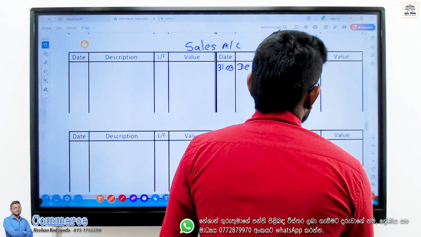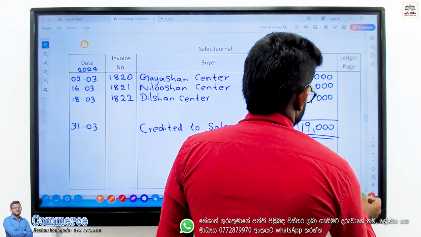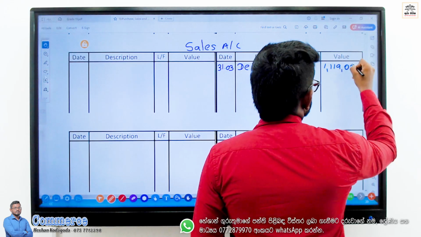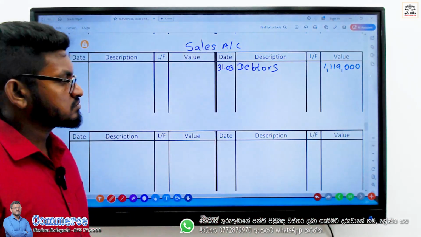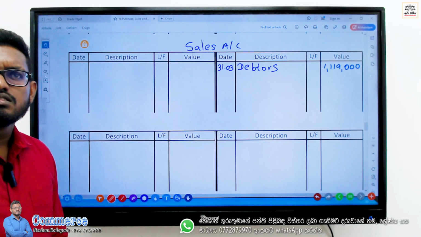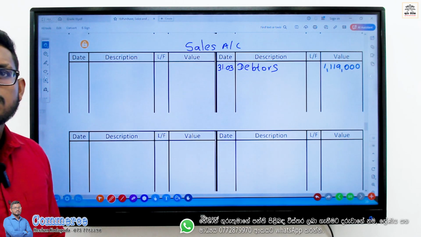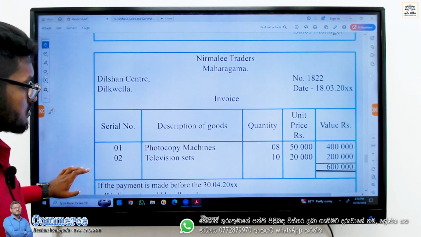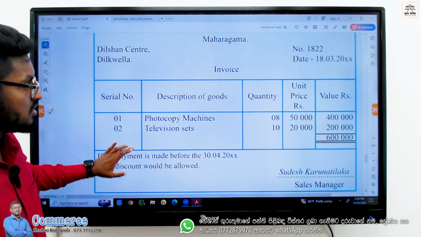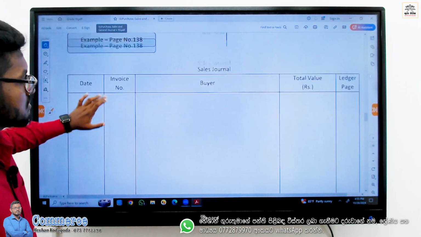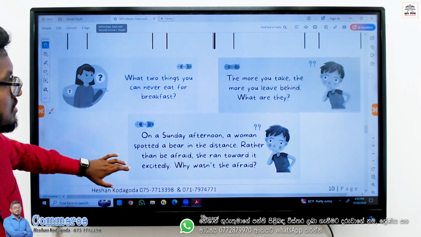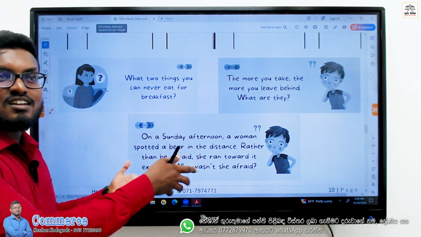Sir, what are those puzzle-like things at the bottom of this page, the tute, page number 15? So I want the answers from you.